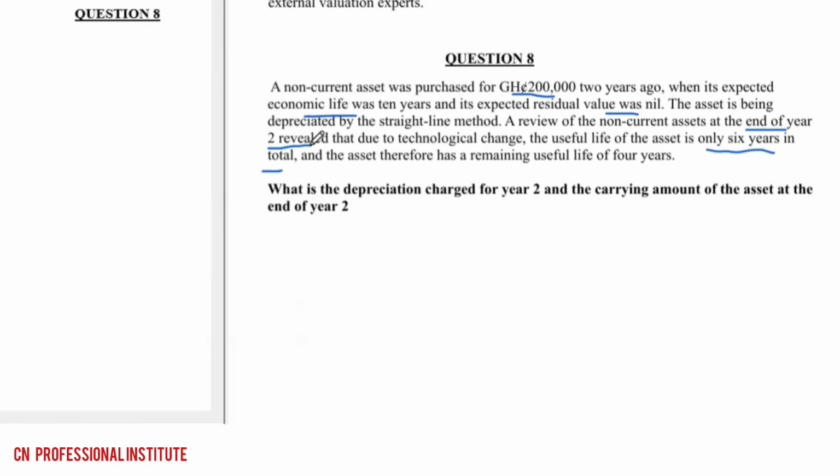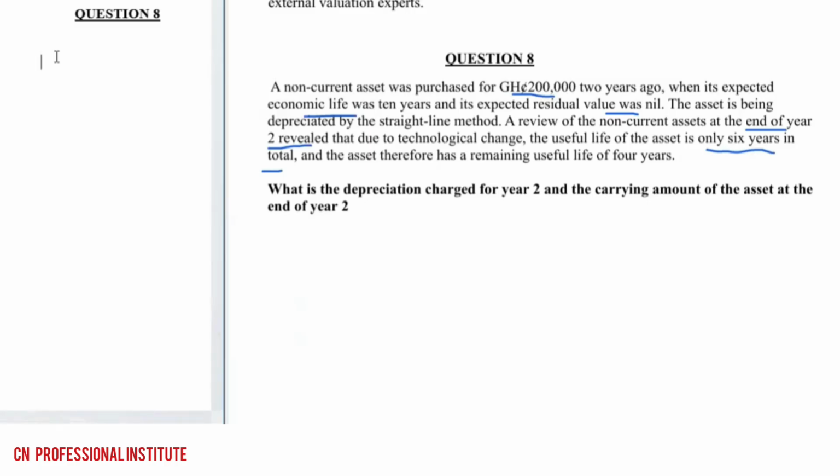So when you get your current value, you have to deduct the previous years for which you computed depreciation from the six before you calculate depreciation for year two. Here the change happened in year two, so we are now going to charge depreciation in year two. We charge only 1 year of depreciation for year one.